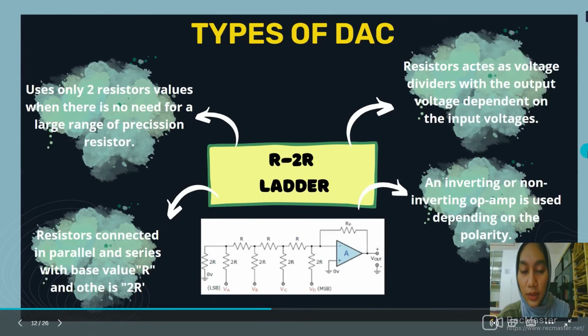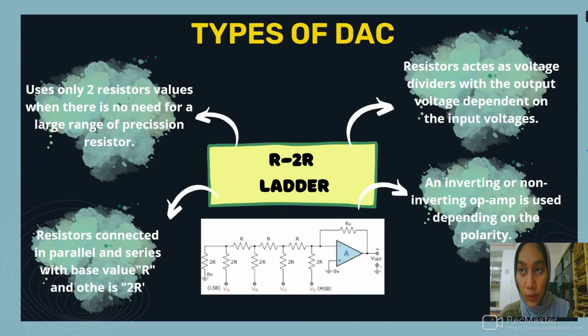Moving on to the next type, we have the R-2R ladder network. In this network, fewer variations of resistor values are used, so there is no need for a large range of precision resistors. The resistors are connected in parallel and in series, and it only uses two resistor values, with the base value R and the other 2R.